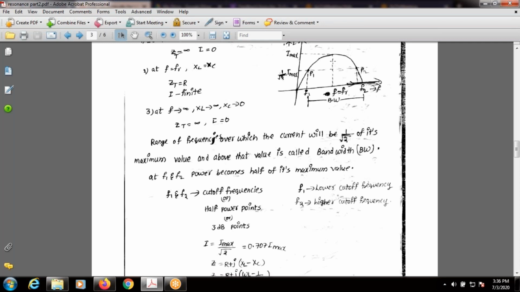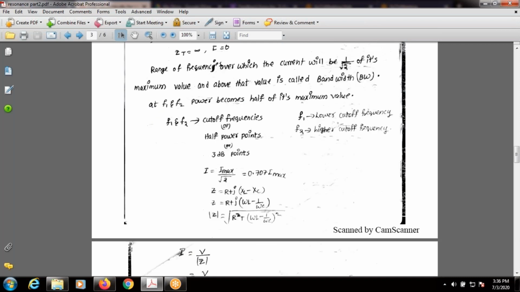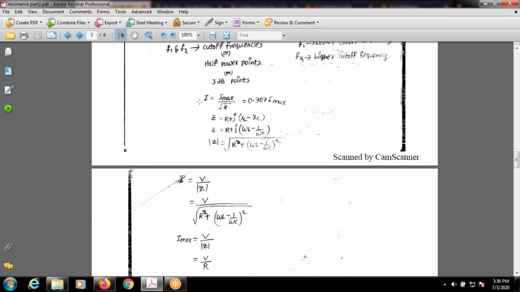Why is it called 3 dB? If you convert that value into decibels, the difference between the maximum and 1 by root 2 of its maximum value is a 3 dB difference.